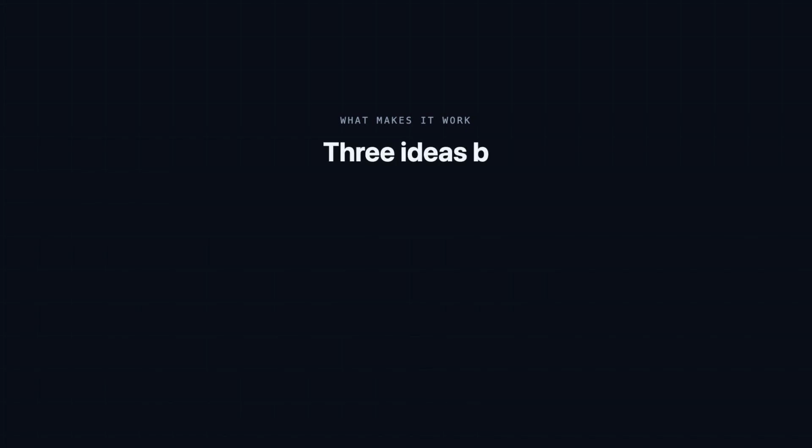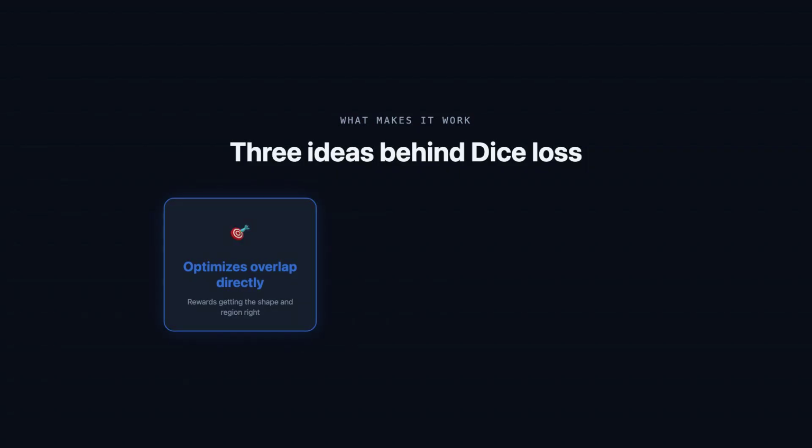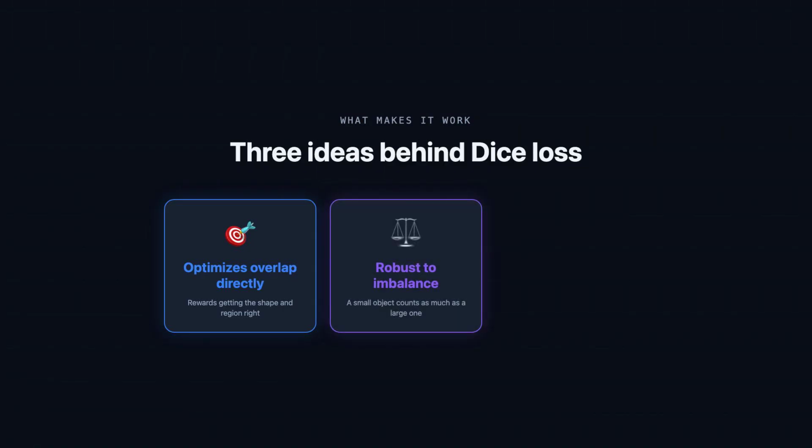Now that we've seen the mechanism, 3 ideas capture why dice loss matters. First, it optimizes mask overlap directly through the dice coefficient. Instead of chasing individual pixels, it rewards getting the shape and region right, which is exactly what a segmentation model is ultimately supposed to produce. Second, it's robust to foreground-background imbalance. Because it looks at relative overlap of the target region, a small object carries the same weight as a large one.